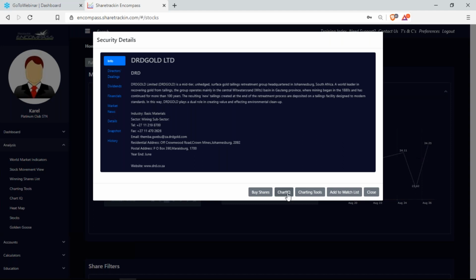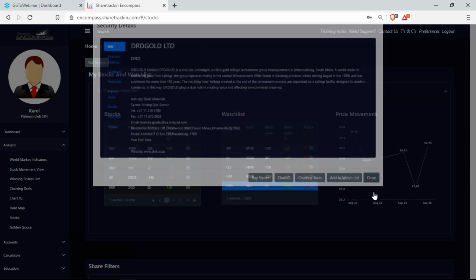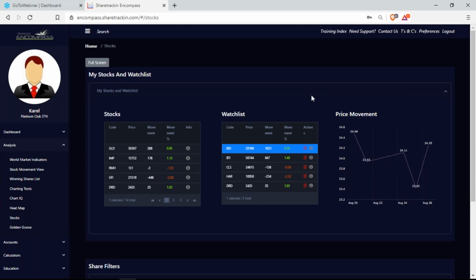Then I'll click on chart IQ to view the charts, buy shares to physically buy the share, and then I have an add to watch list button. On that button, I will add my share to my watch list. And then close is to close the share. Okay, that's our watch list.